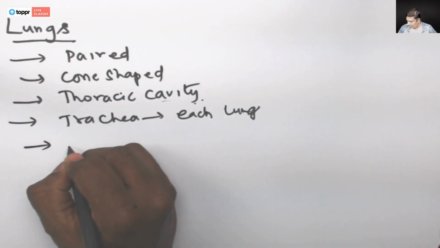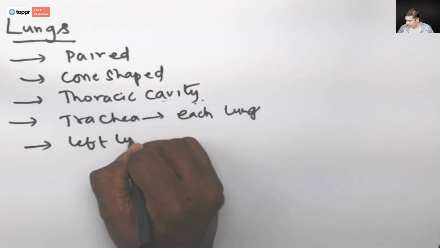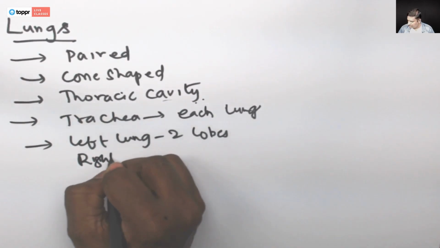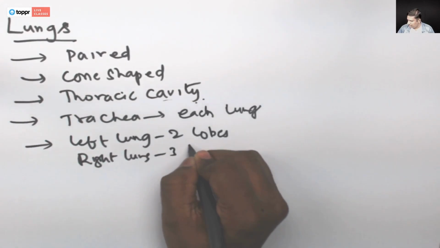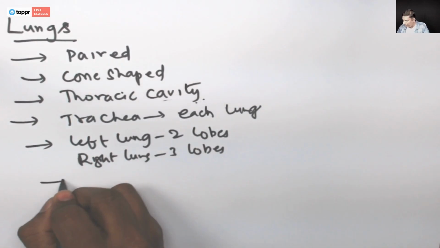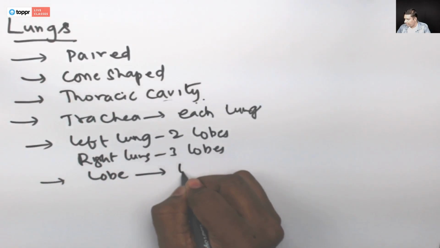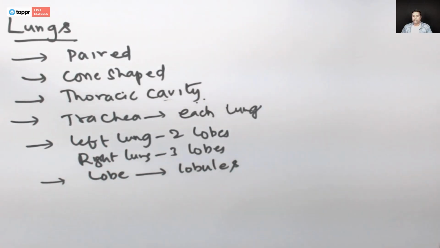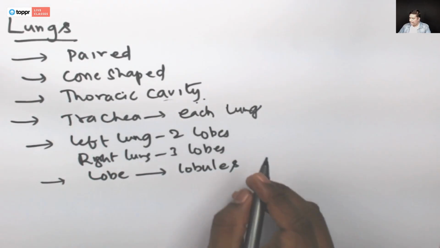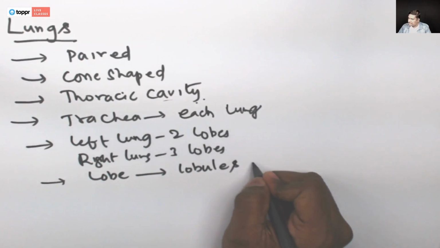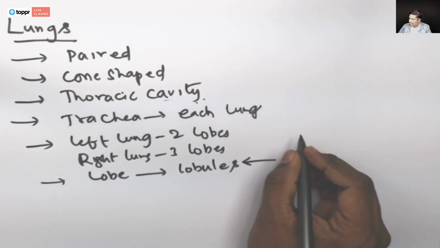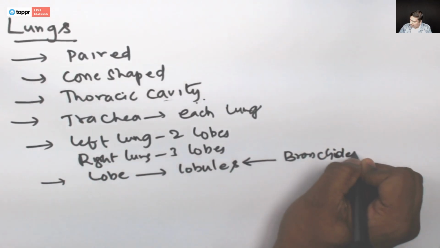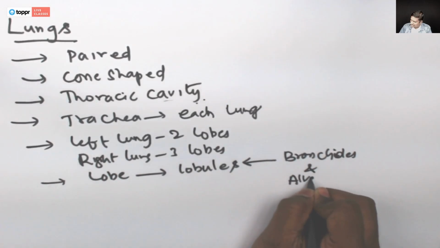Each lobe is divided into many lobules. Basically these lobules will have the bronchioles and alveoli that we just discussed.